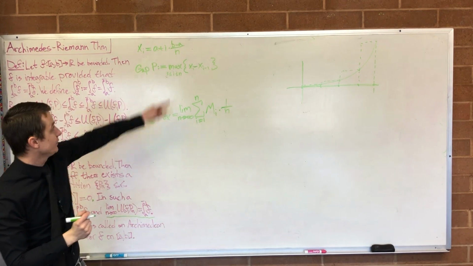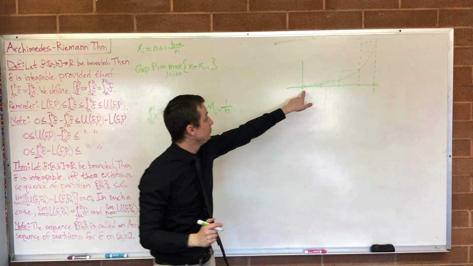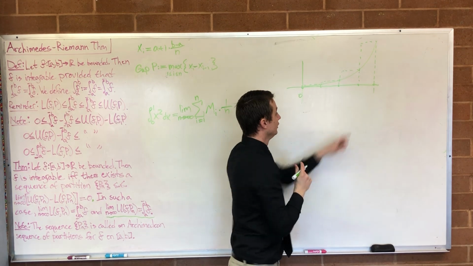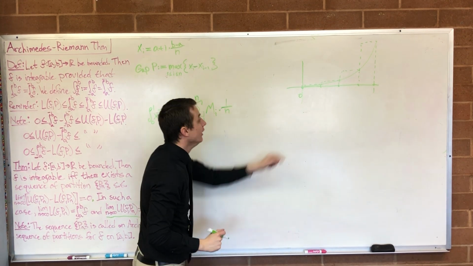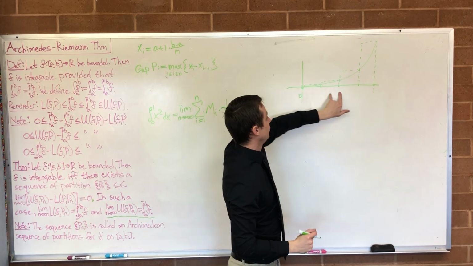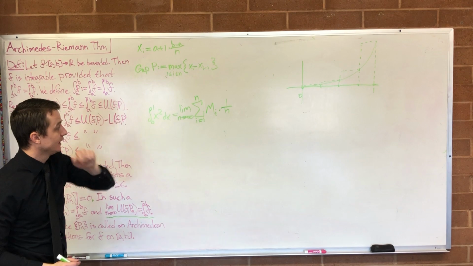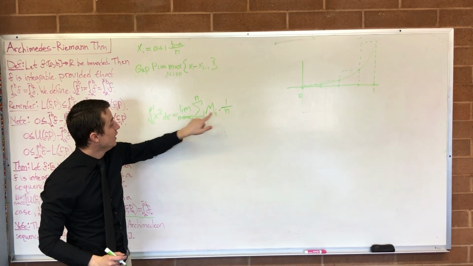She did b minus a divided by n. b is 1, a is 0, because that's where we're starting. So 1 minus 0 is 1, divided by n is 1 over n. In this case, the width of each of these is just 1/4, right? But in general, if we were to divide that into n pieces, it would be 1 over n. So there's the width of each rectangle.